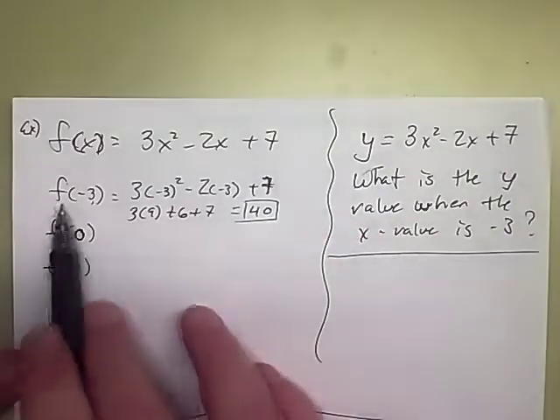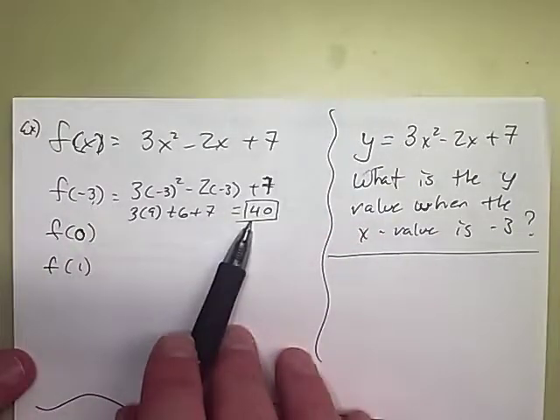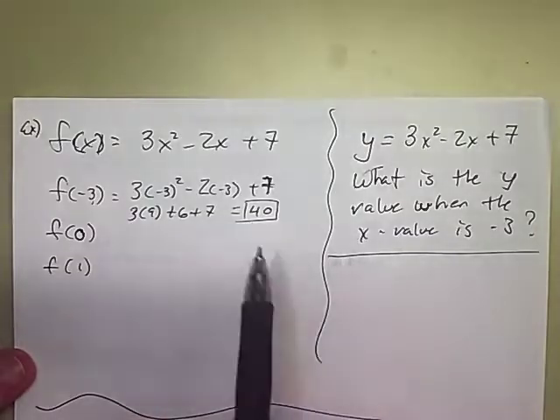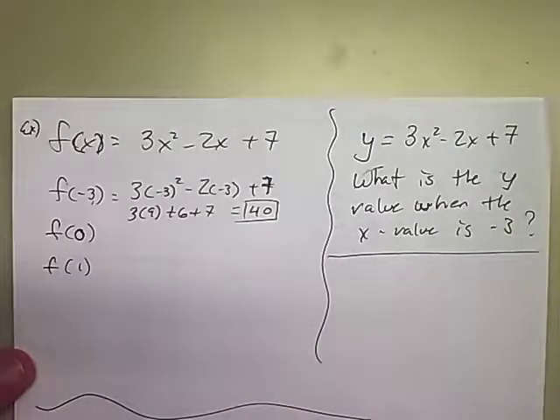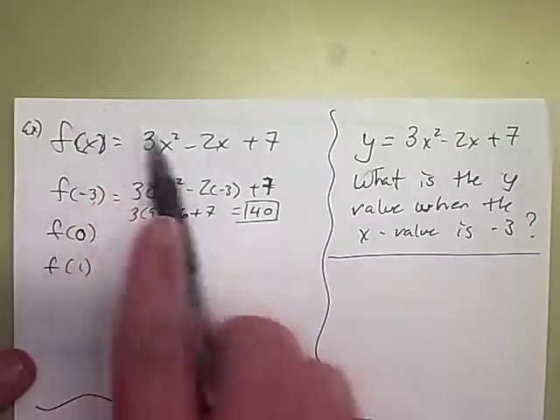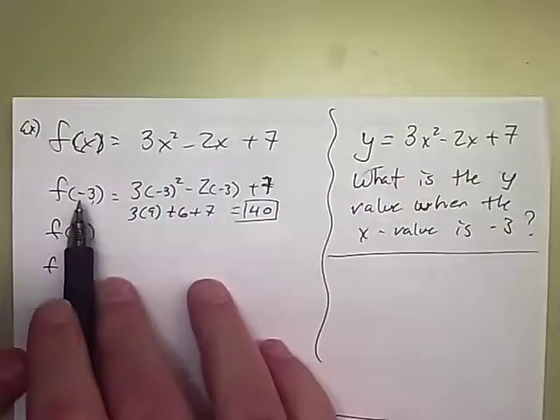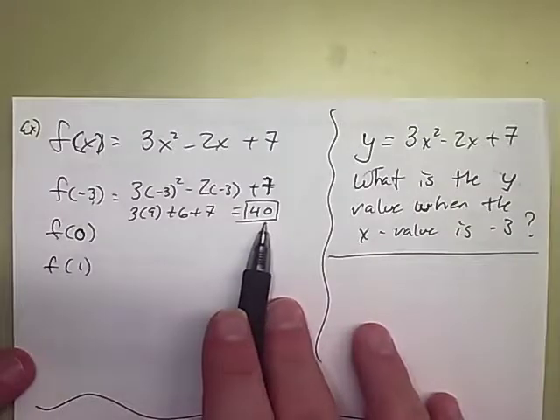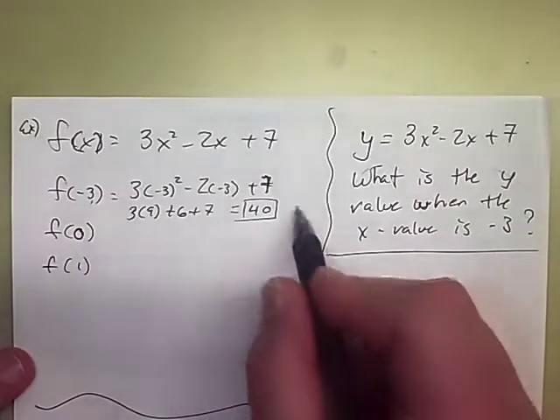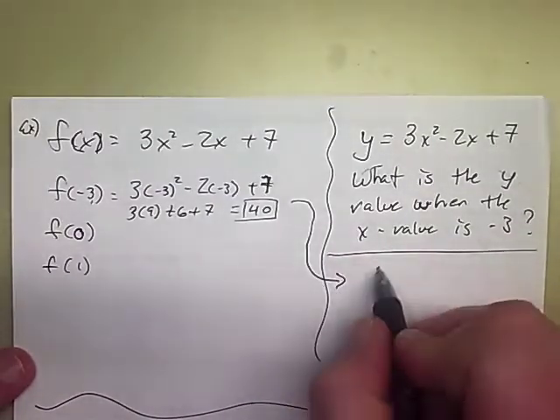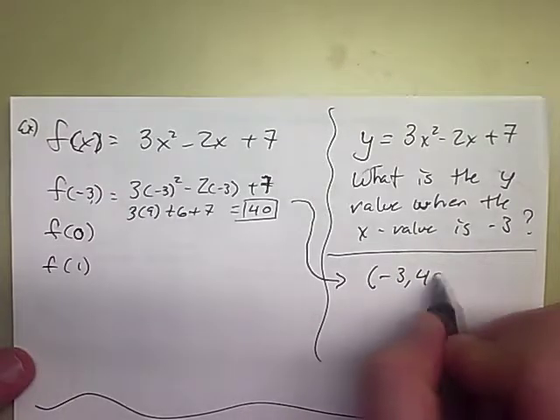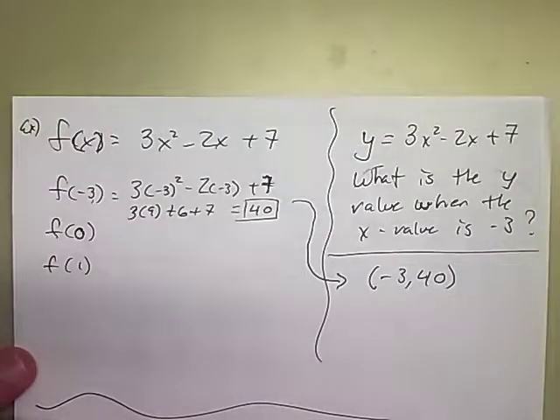All right, so f of -3 is 40. If I were to graph this, the x value is -3 and the y value is 40. So this corresponds to the point on the graph (-3, 40).